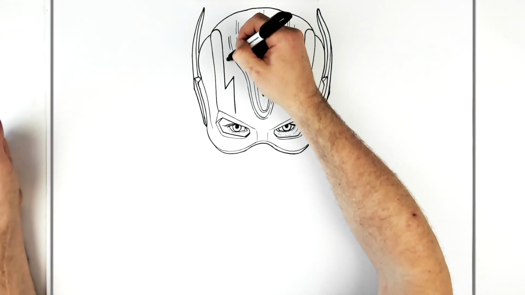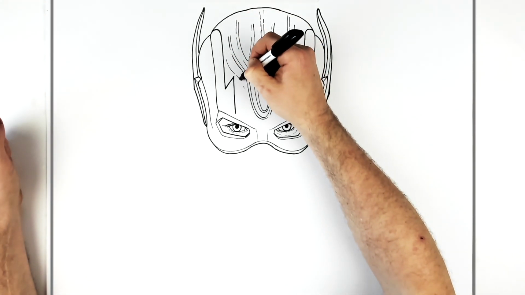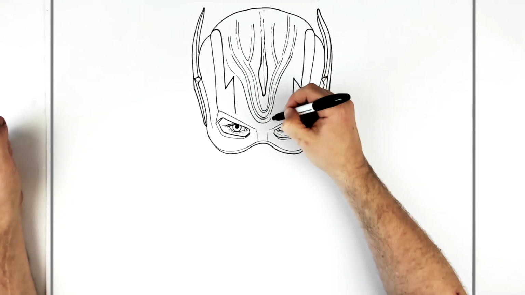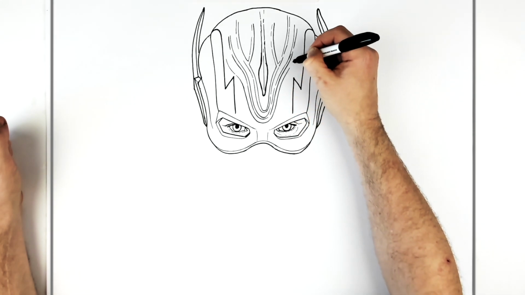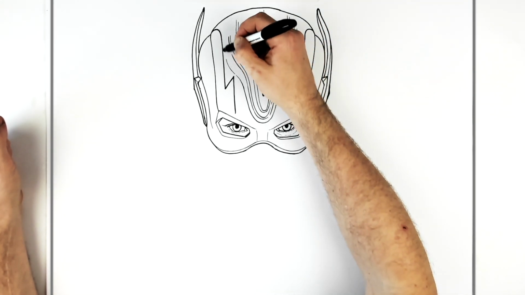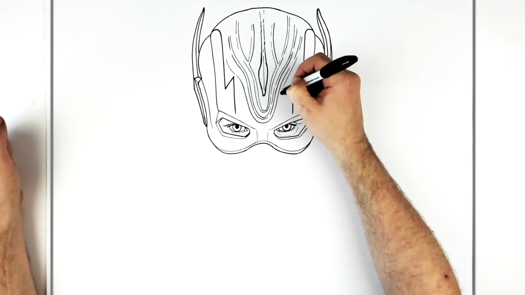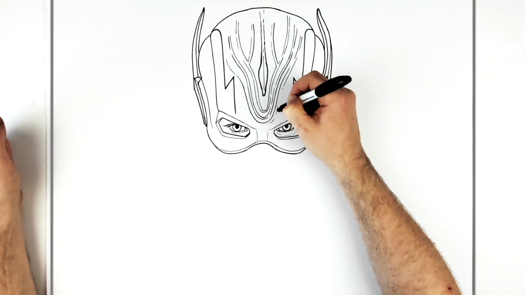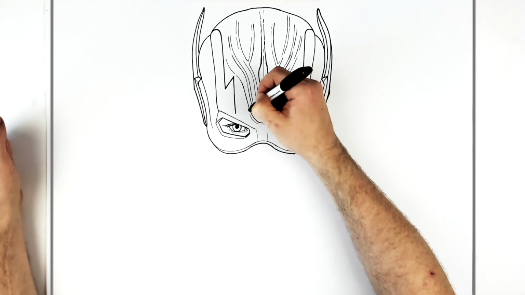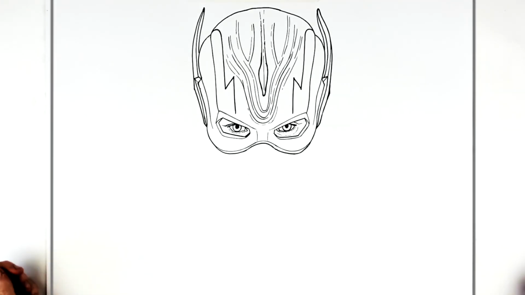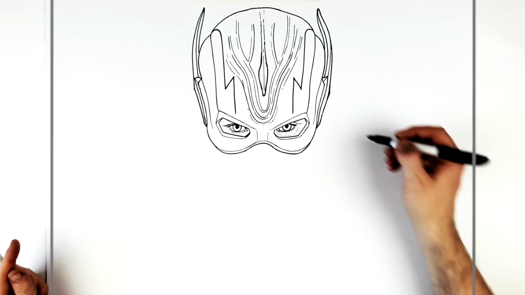Right, and then another. Sort of a section just here. Right, something like that. So that's pretty tricky now. You can leave that off if you wanted.